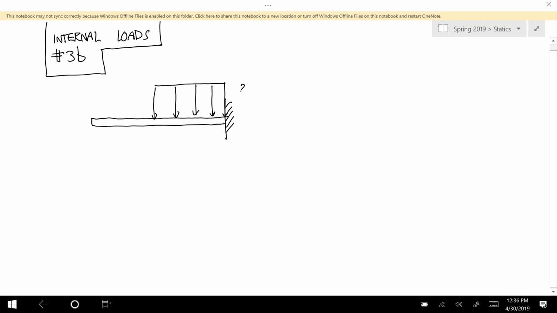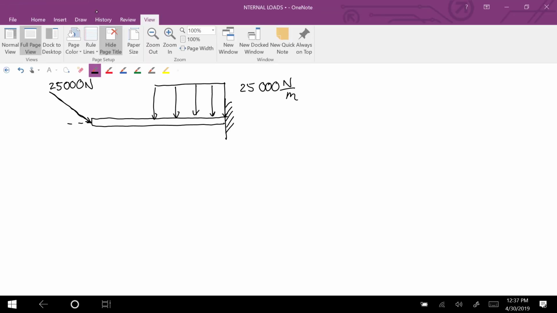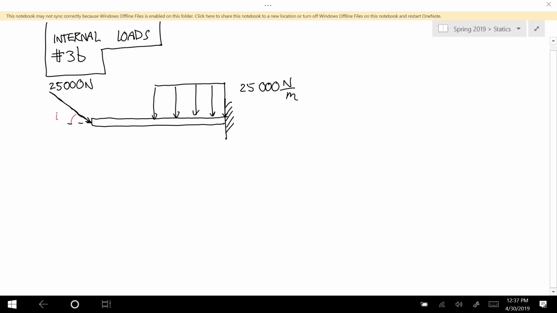This has a magnitude of 25,000 newtons per meter, and a force vector over here of 25,000 newtons. This angle is 45 degrees, and this is half a meter, and this is half a meter.